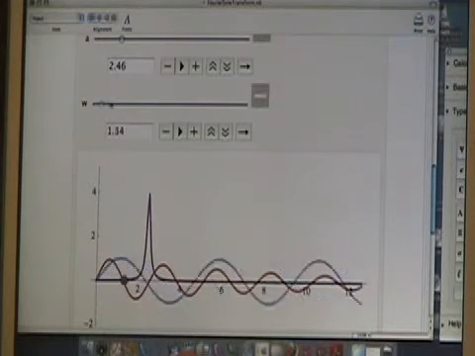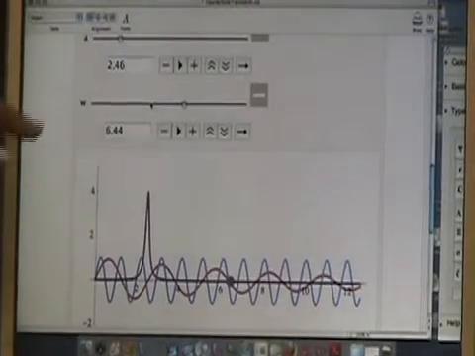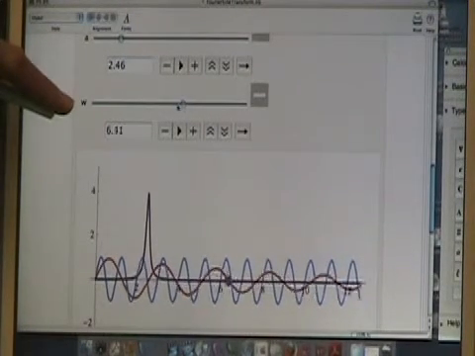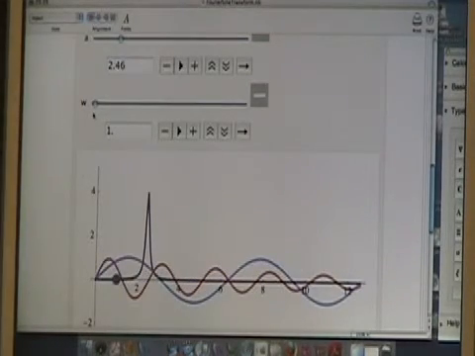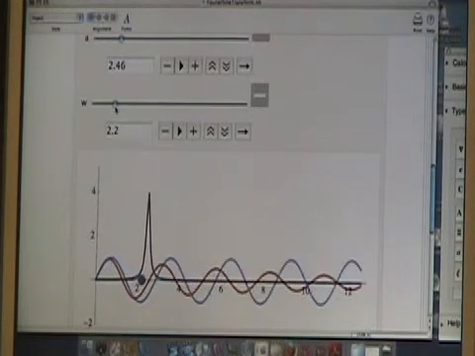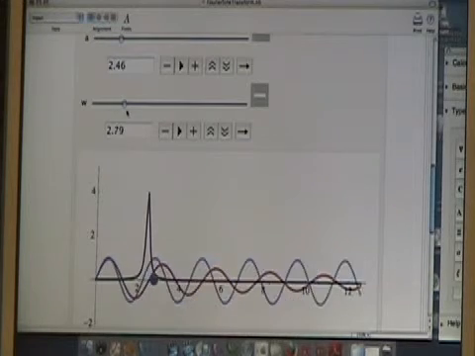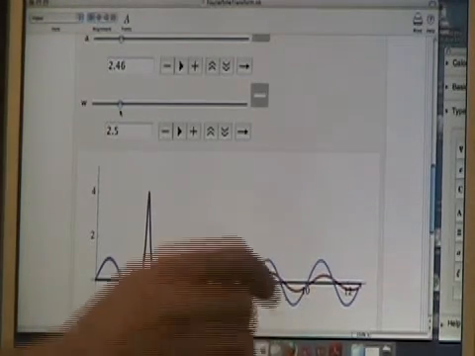The blue curve is sine of omega t, although I typed it in here just as a w to make it quicker, for different values of omega. And where do the red and blue match up? Well, they match up when their periods are approximately the same. I'm starting them both at the origin. Right about there, their periods match up.